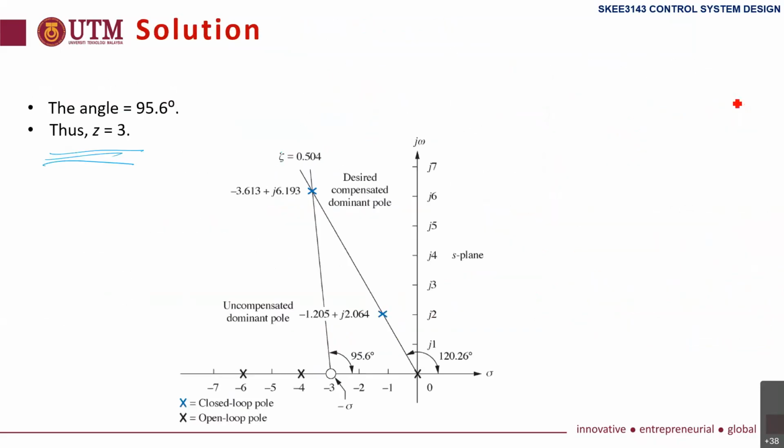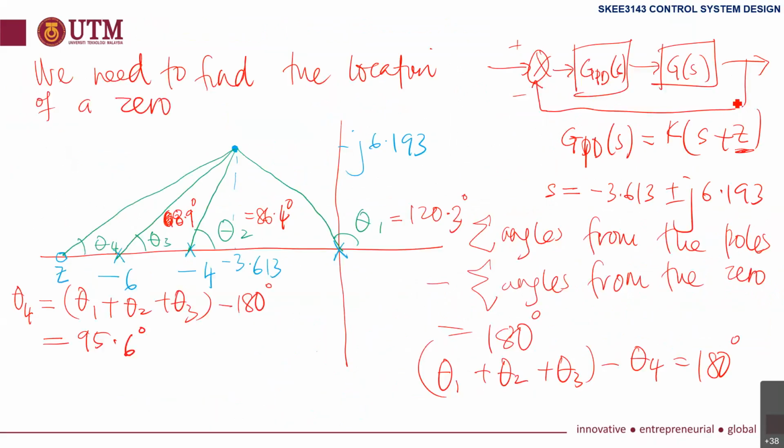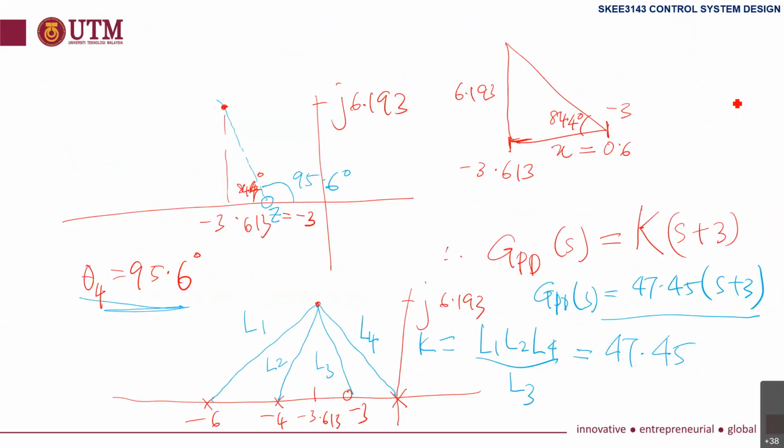Any question? Doctor, from the slide just now, how did you get x equal to 0.6? We know the value here, we know the angle here, then you can use tangent.